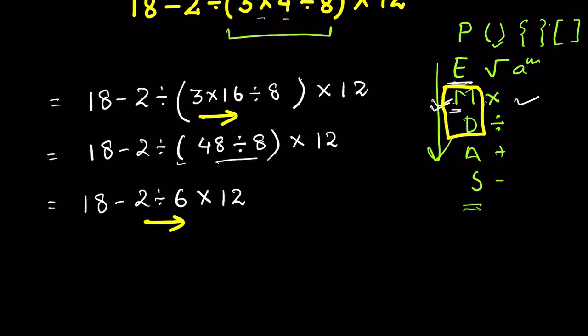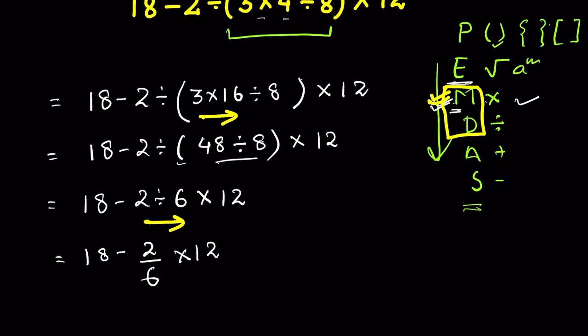So ignoring that multiplication is written first, we see which operation is coming first. From left to right we have division, so we do division. So it will be 18 minus 2 divided by 6, which means 2 upon 6, then times 12.